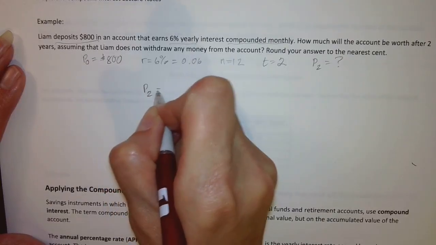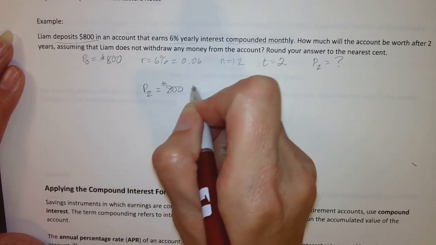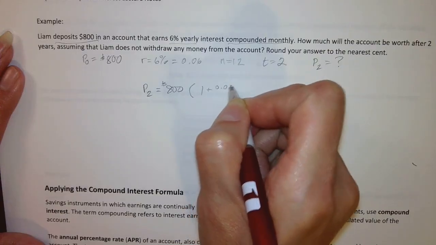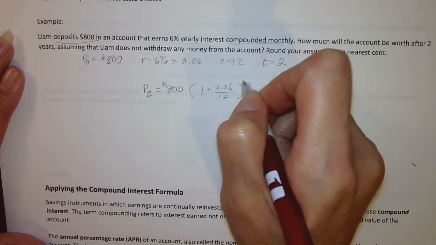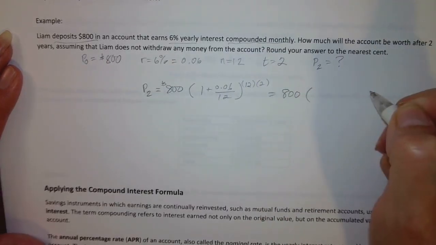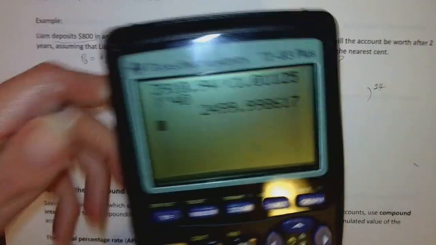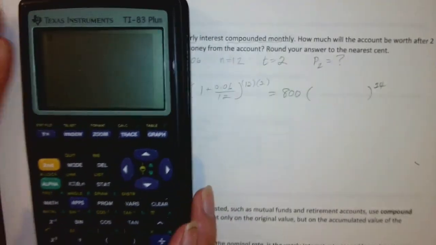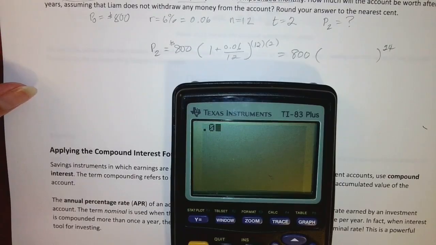So P sub 2 is equal to P naught times 1 plus 0.06 divided by 12, all to the 12 times 2 power. So that would be 800 times that to the 24th power, and let's see what we have in the middle here. So how would I do that? 0.06 divided by 12 gives me 0.005.